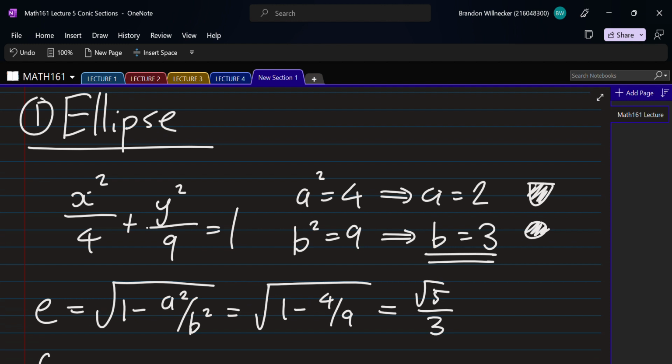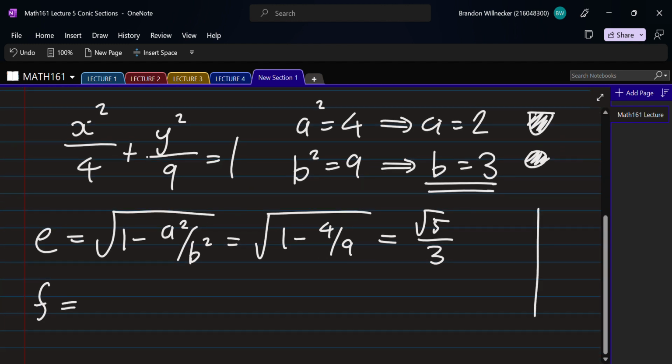Here we take the value of 3 because that one's bigger. In this case, a quick little sketch, it will be an ellipse, something like that. We see the major axis is vertical, and the semi-major distance will be 3. So here's 3, minus 3, 2, and minus 2. The foci will lie along that major axis.